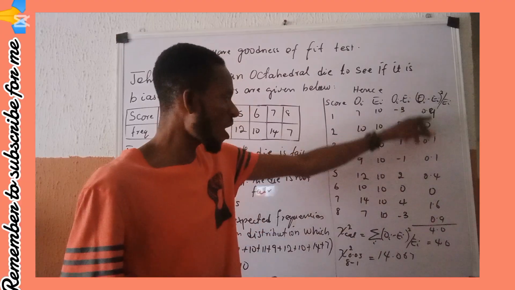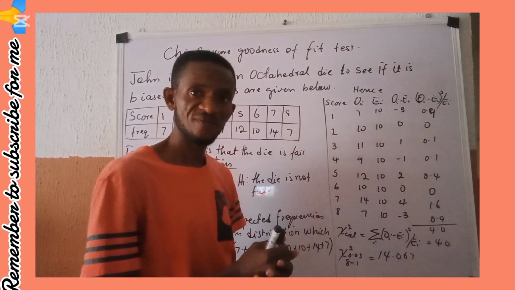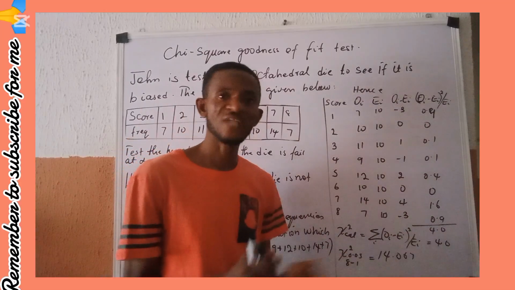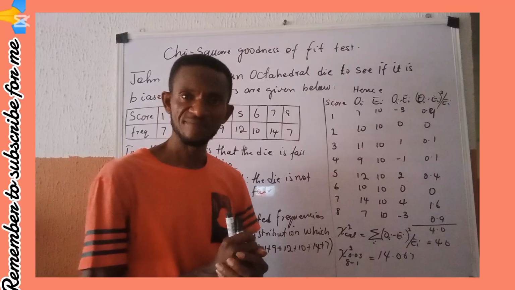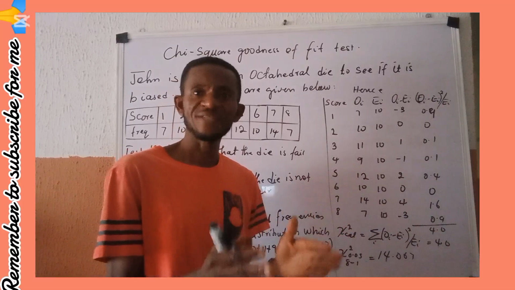So if you sum all these values here, you arrive at 4.0. Then we now know that our chi-square cal is 4.0. We have now to go and get the value of our chi-square tabulated.